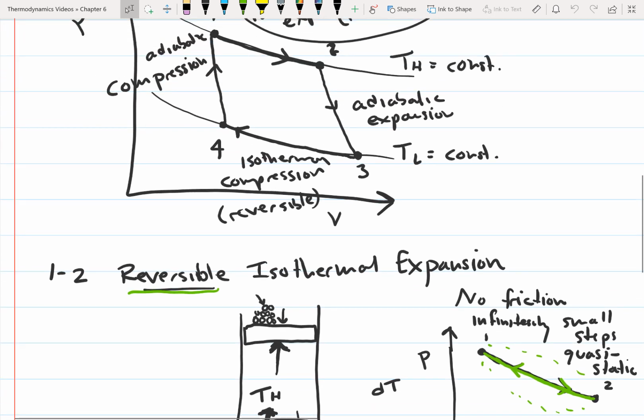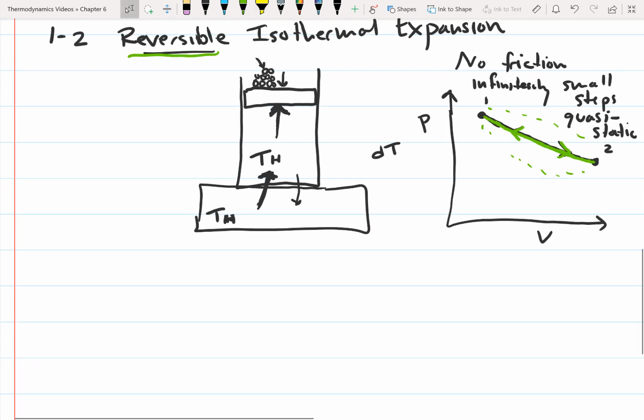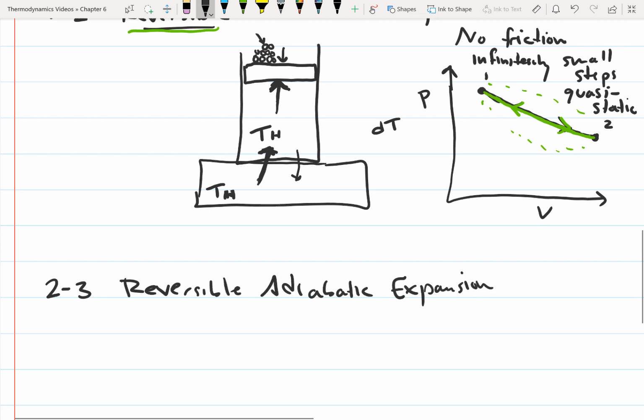So the next process is from state 2 to state 3. So this is the adiabatic expansion. Let's go down here and write that down. From state 2 to state 3, we have reversible adiabatic expansion.